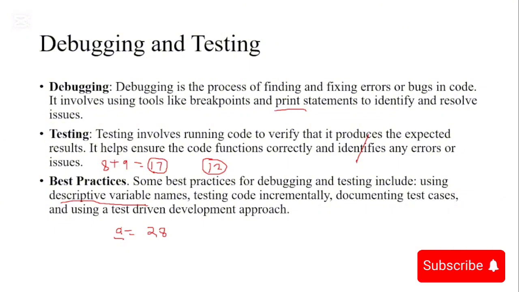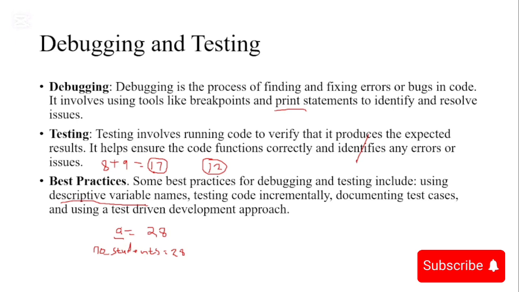So instead of writing A, assuming this was the number of students in a class, I would say number underscore students, and then set it to 28. So this person can understand that variable. That is one of the best practices that you need to know.